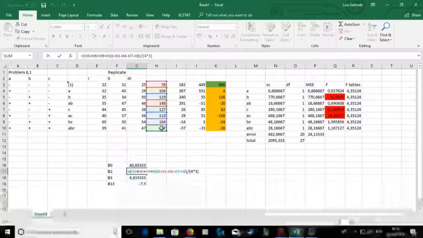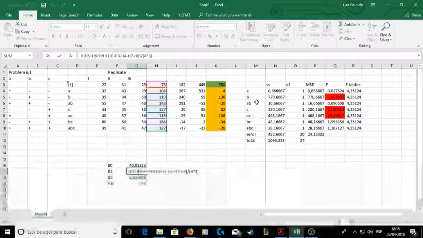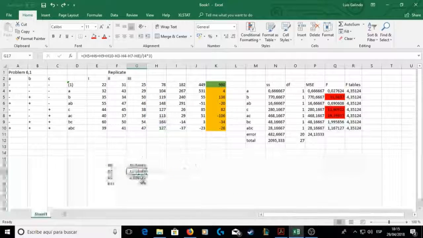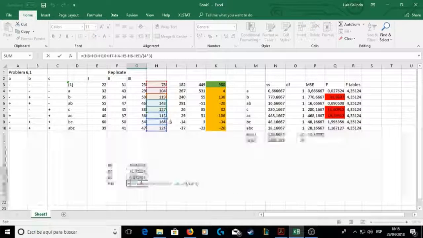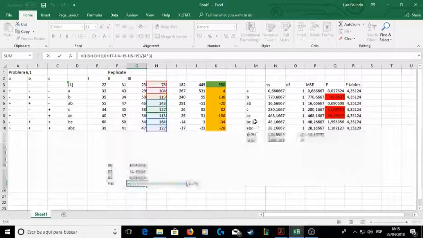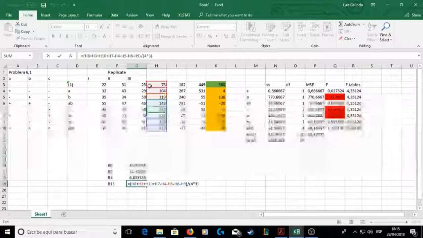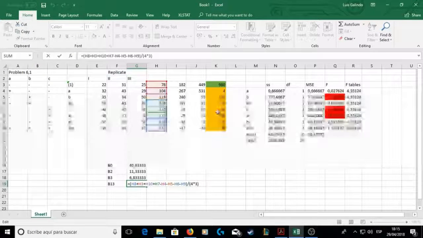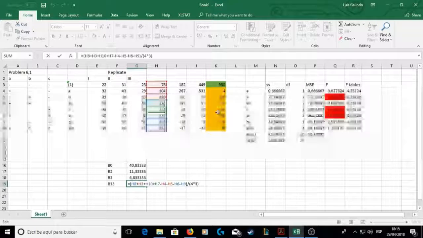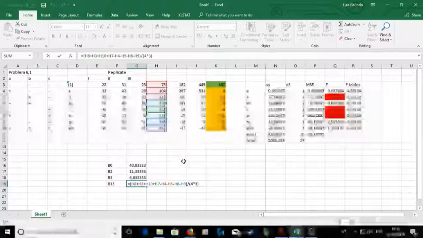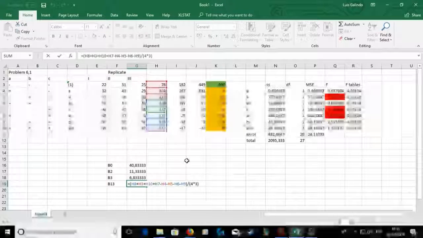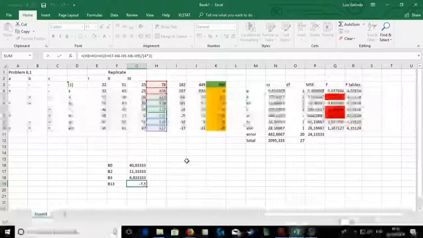Beta 1, the ones that appear in the factor, minus the ones that do not appear, and likewise for the interactions. And in each one you divide it by 4 times n.